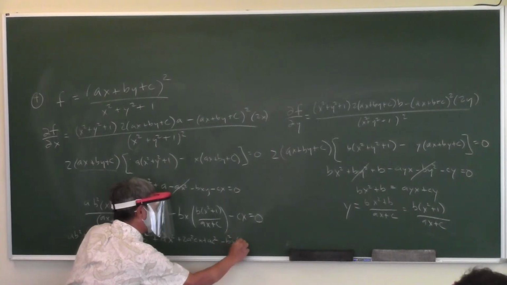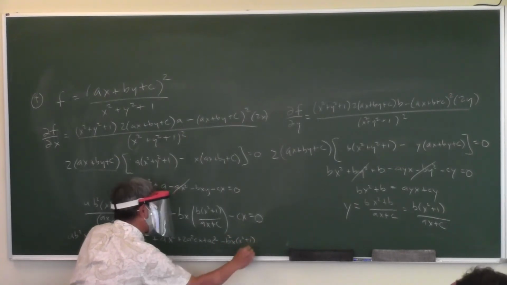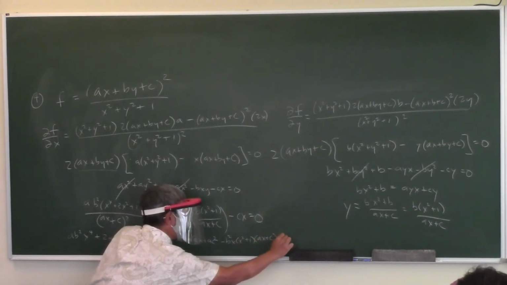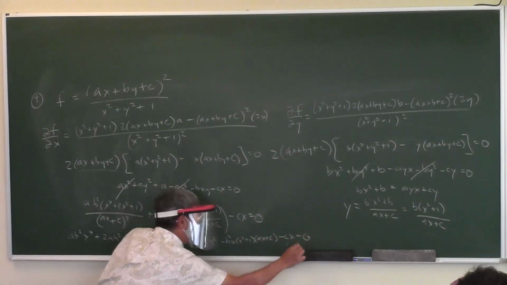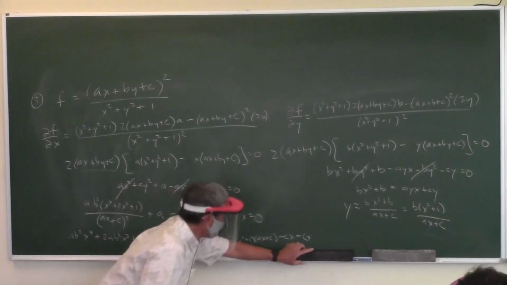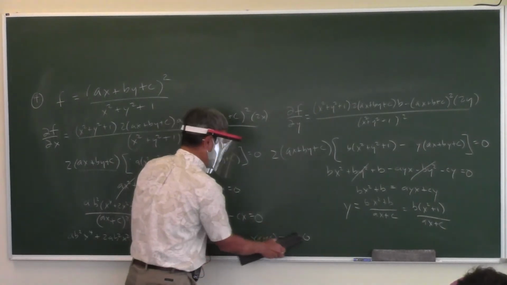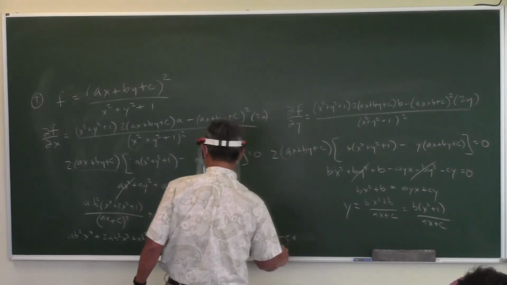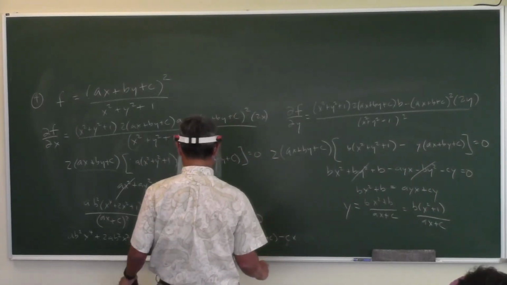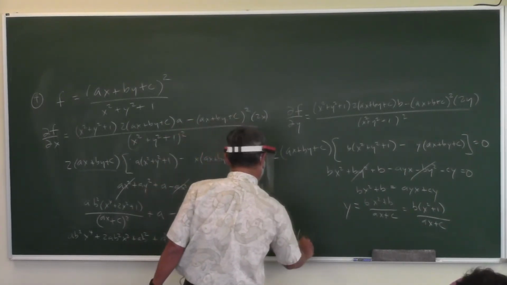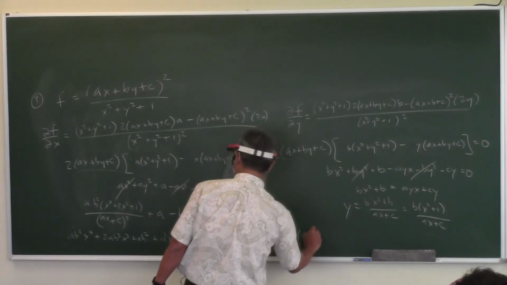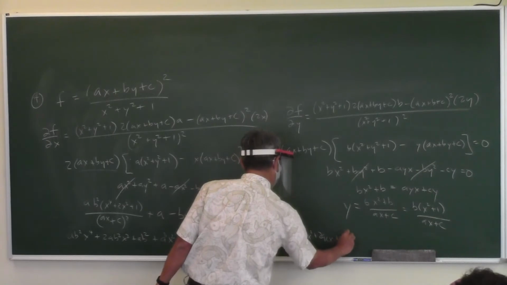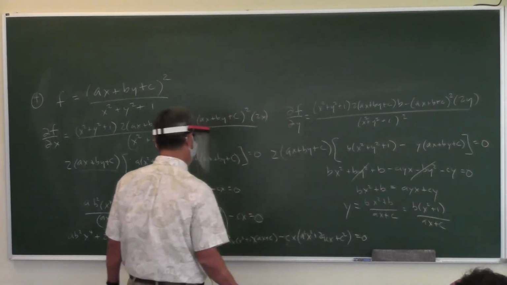Times ax plus c minus cx equals 0. We're going to multiply the cx times ax plus c squared. a squared x squared plus 2acx plus c squared equals 0.